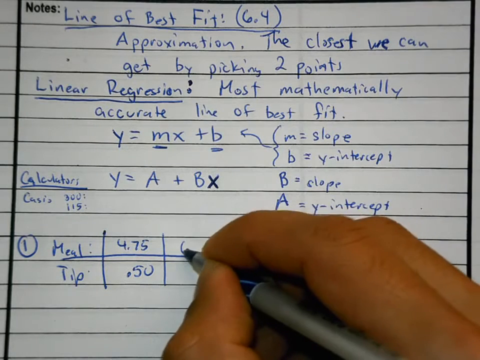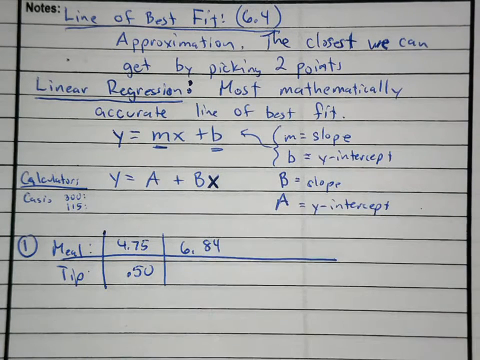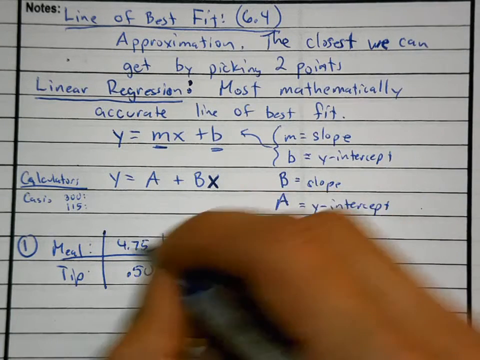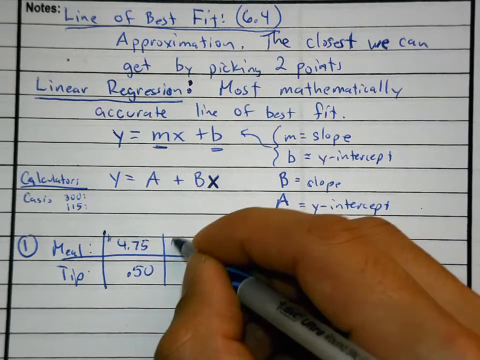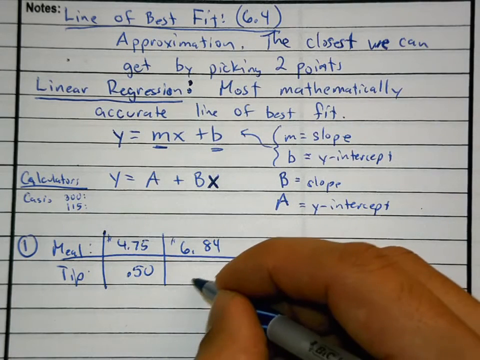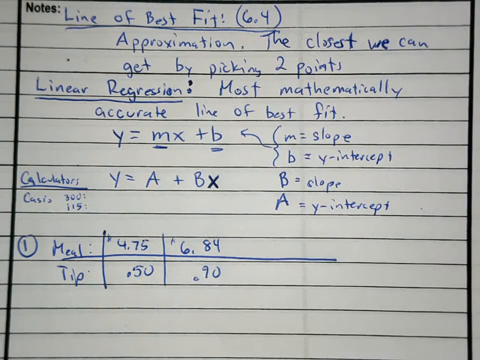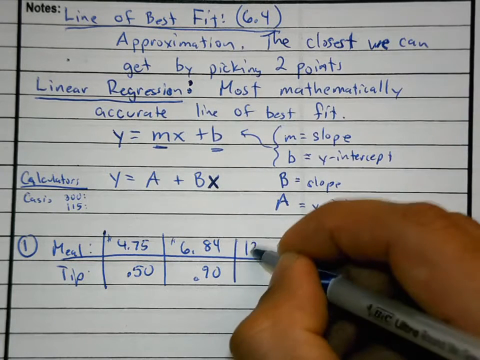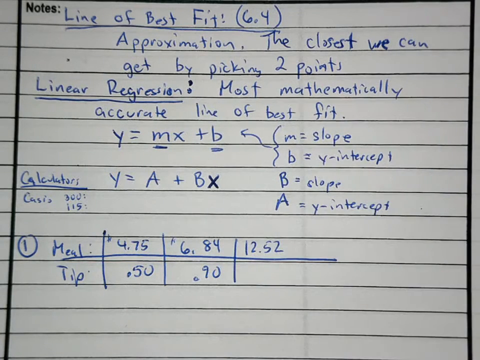Second meal was $6.84. And these all have dollar signs in front of them, but I'm not going to write that. The second tip was 90 cents. The third one was $12.52. And $1.50.